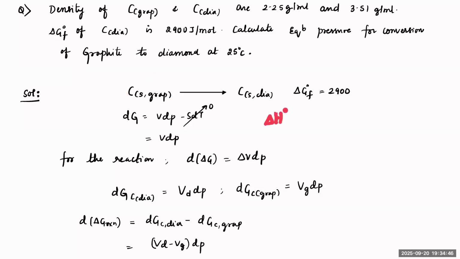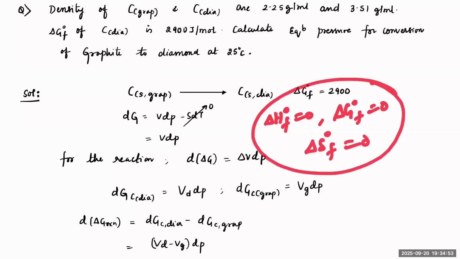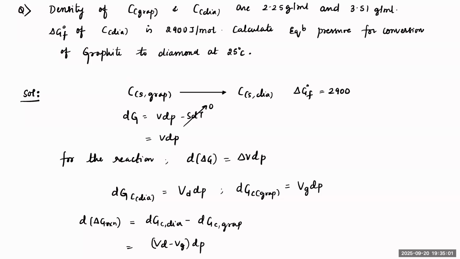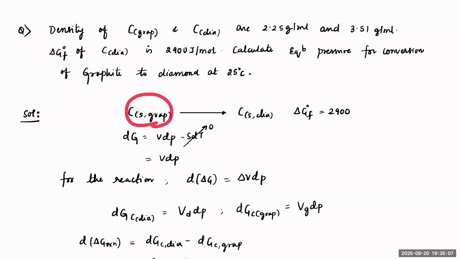That means delta H naught of formation is zero, delta G naught of formation is zero, and delta S naught of formation is zero, for the standard elemental form of a pure substance. For graphite the delta G naught value is zero. For diamond the delta G naught value is not zero; it is given as 2900. So this will be 2900 minus 0. So what will be delta G of the reaction? It will be 2900. Is this point clear?